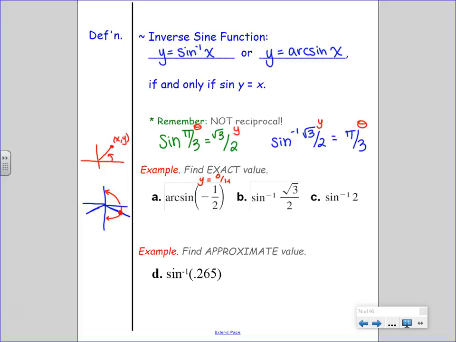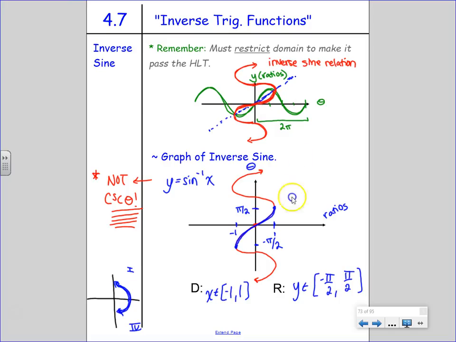Okay. Why am I not going to write 11 pi over 6 and instead I'm going to write as my final answer negative pi over 6? I'm not allowed to go around the big way or the long way because what was that range. We're only allowed to go negative 90 or positive 90. Negative pi over 2 to positive pi over 2.